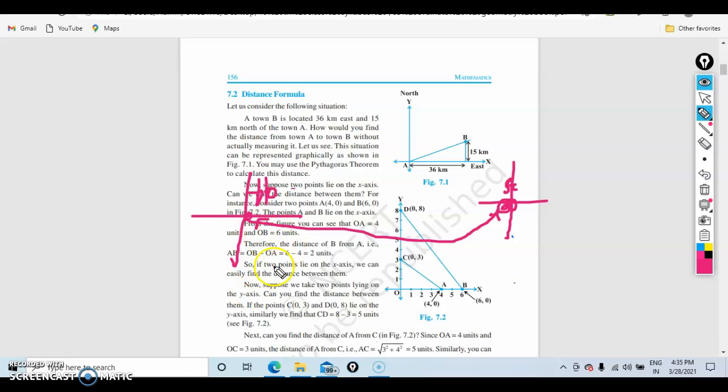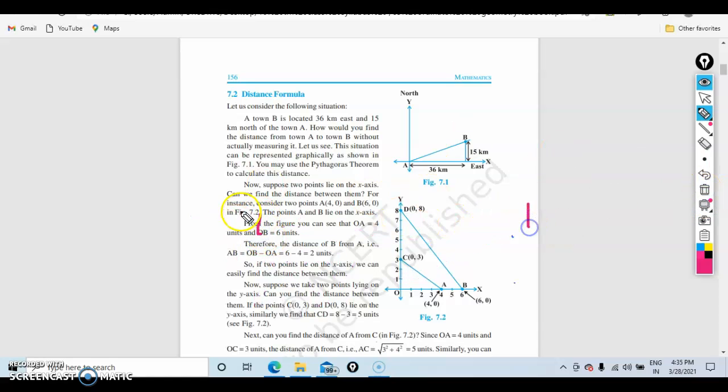Here there are two points given, A and B. The first point given we assume as x1, y1, and the second point given we assume as x2, y2. Okay, so the first point is related to A and the second point is related to B. Understand?